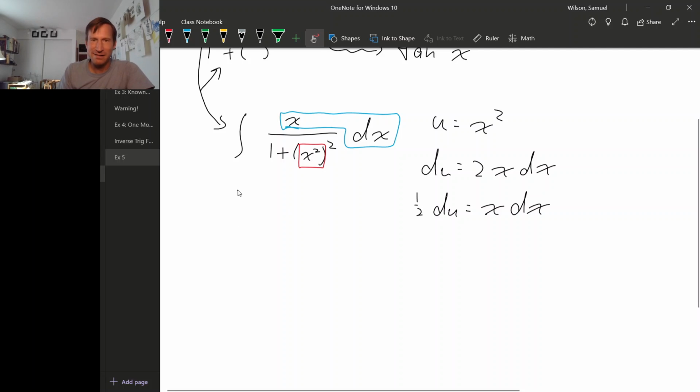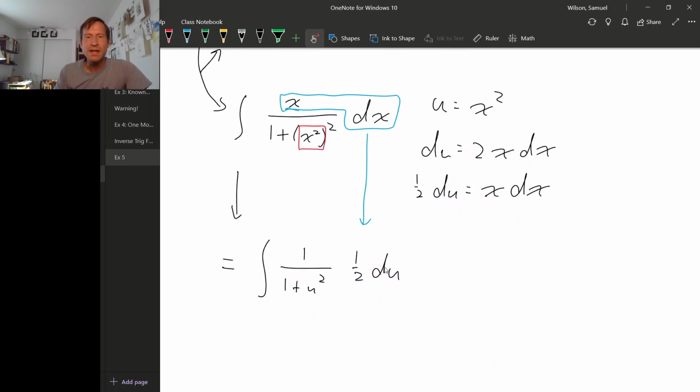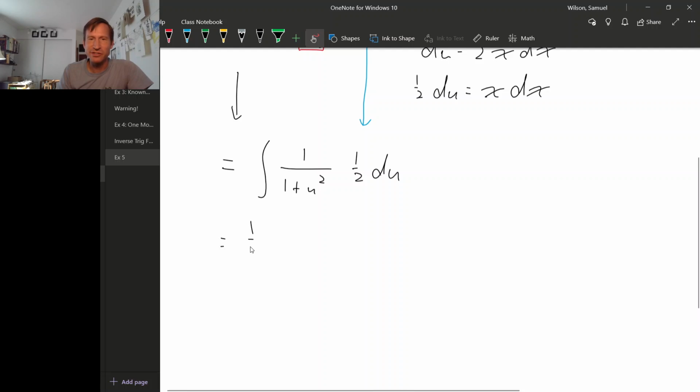So let's do that. So now we can do our substitution. We get the integral of 1 over 1 plus x squared squared. Since x squared is u, this gives us 1 plus u squared. And then x dx turns into du. Sorry, 1/2 du. Now we can move that 1/2 outside of the integral since it's a constant multiple. So 1/2 times the integral of 1 over 1 plus u squared du.